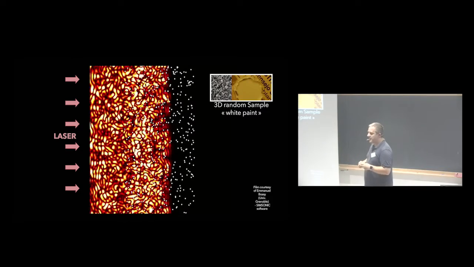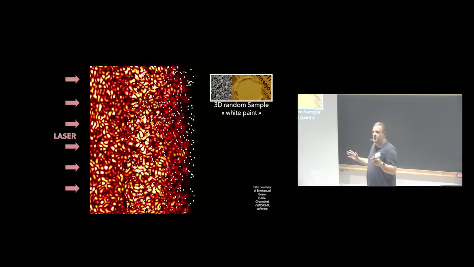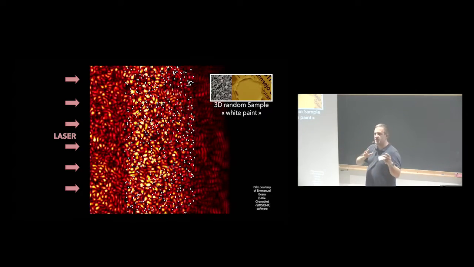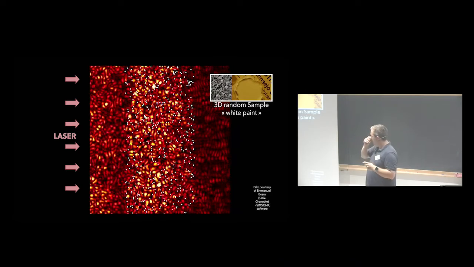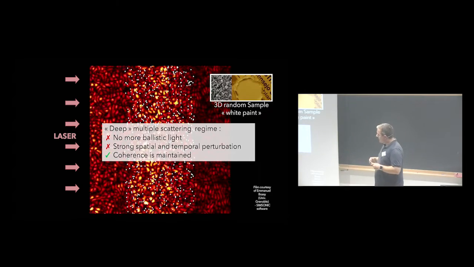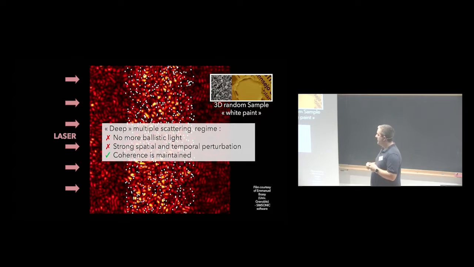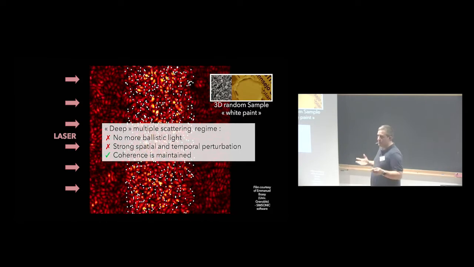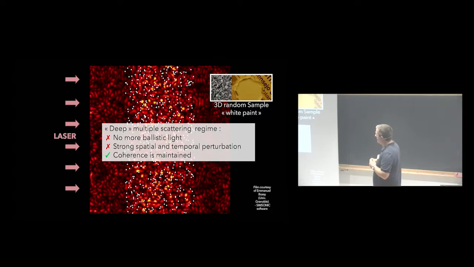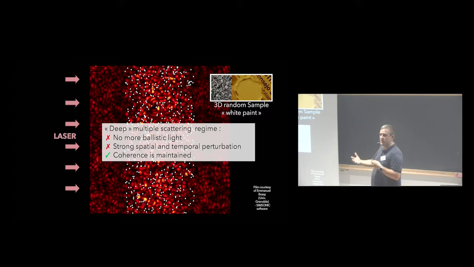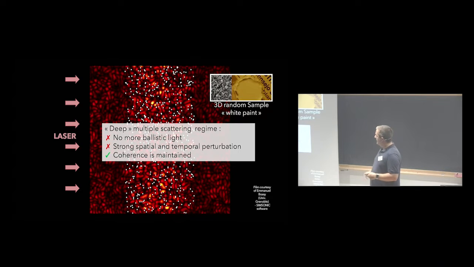There's no more ballistic light, and there is just scattered light propagating inside the diffusive material. Most of the light is reflected, a little bit is transmitted, and there is very strong spatial and temporal perturbation. But the key point, and I think we've heard about it, mostly from Matthias at the beginning of the week, is that there is still coherence, there is still the possibility to manipulate this and to play with these interferences.